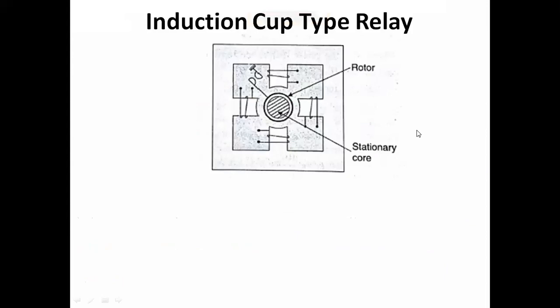Next, the induction cup type relay. Now, an induction cup type relay is just like your induction motor. In the central portion, you can see a rotor. Now, this rotor is not a solid rotor.